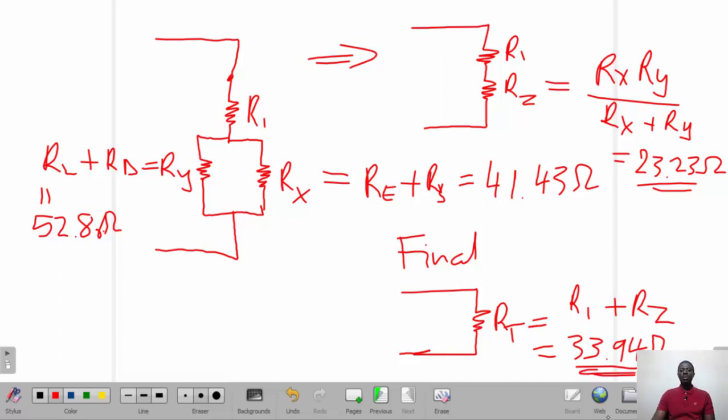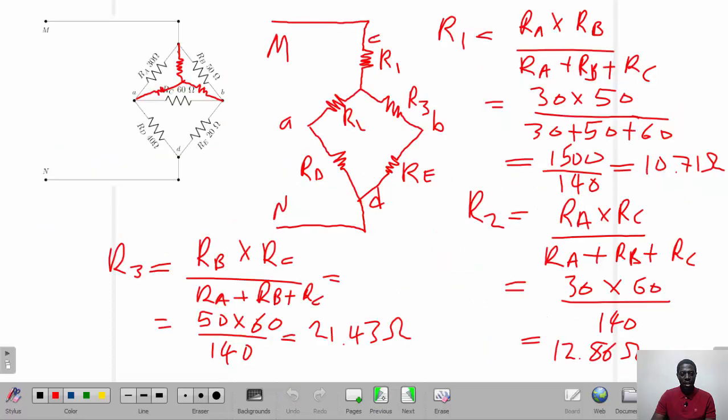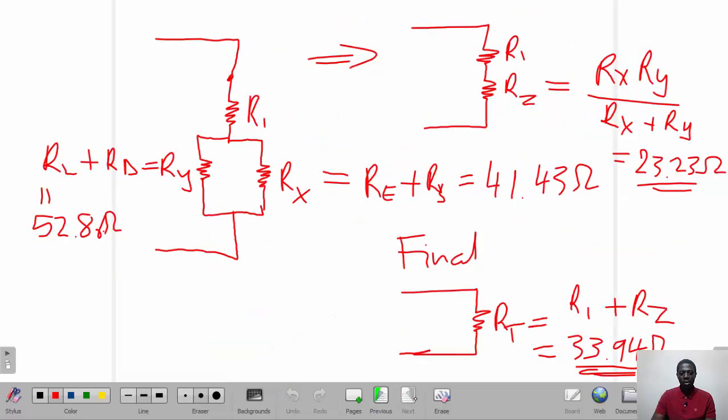So this is the way you find the solution. The whole secret, if you come back, so this is your MN.